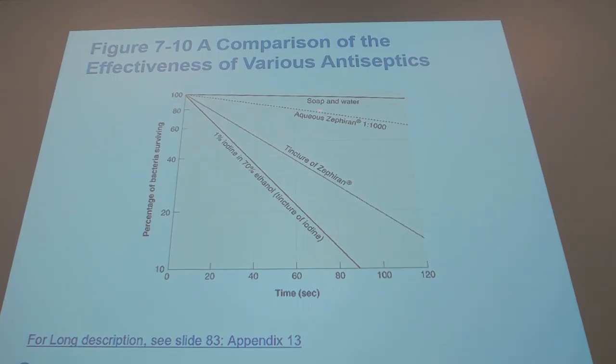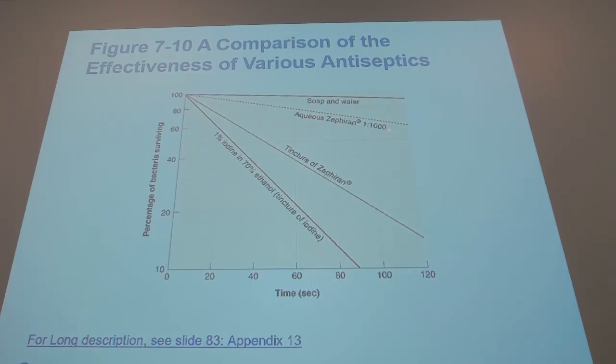Soap and water, sometimes if you have a lot of bacteria, is not enough to kill bacteria up to 2 minutes. That's why you have to wash your hands really well, a little bit longer than 2 minutes, with soap and water.